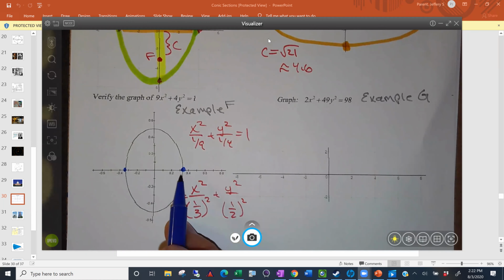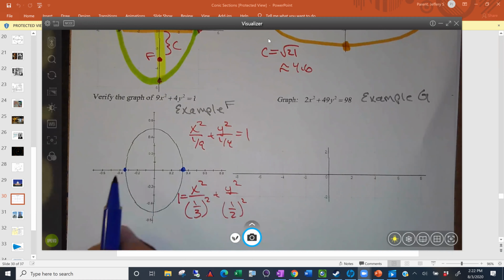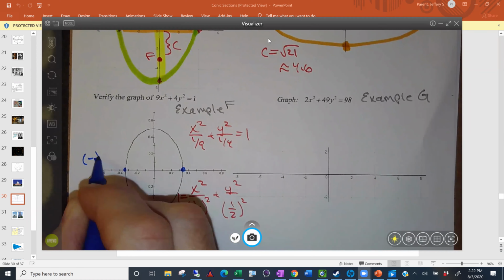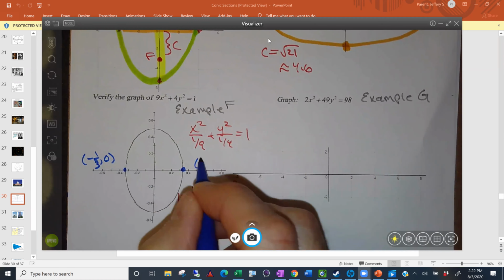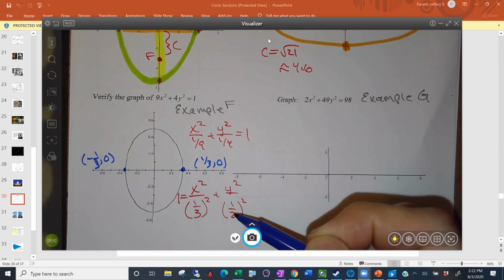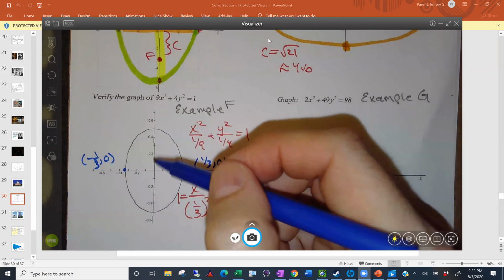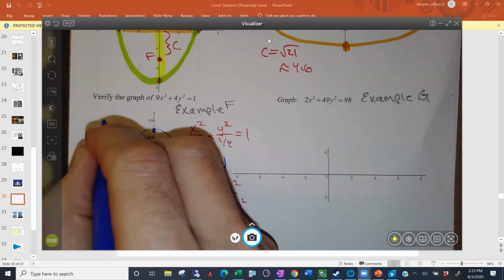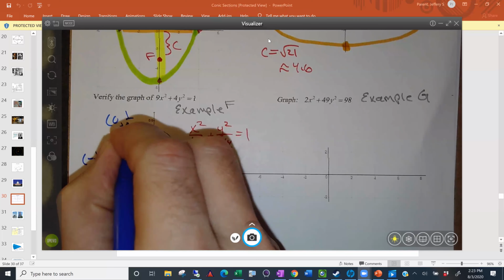Well, that looks pretty good. It's a little bit to the right of 0.3, a little bit to the left of -0.3. So -1/3 and 0, +1/3 and 0. And in the y direction, up 1/2, down 1/2. So points like this, 0 and -1/2, and up here, 0 and 1/2.